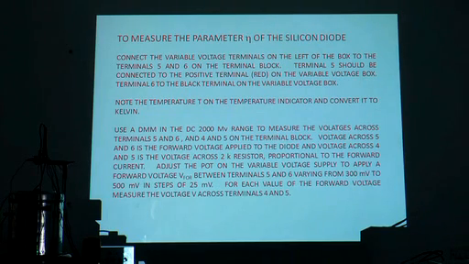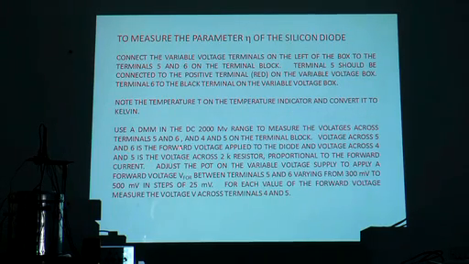Note the temperature T on the temperature indicator, convert it to Kelvin. Use a DMM in the 2000 millivolt range to measure the voltages across terminals 5 and 6 and 4 and 5 on the terminal block.